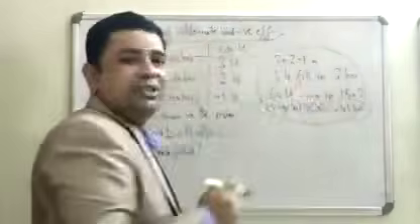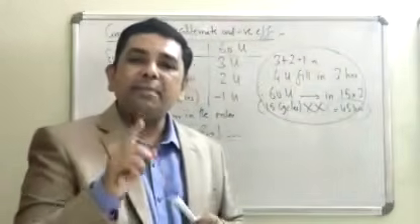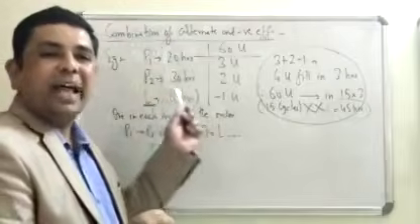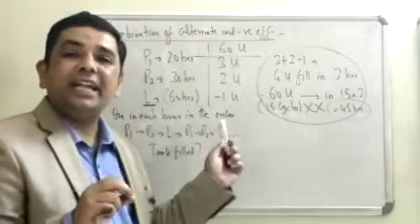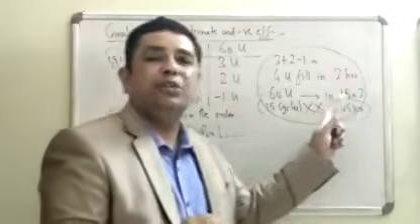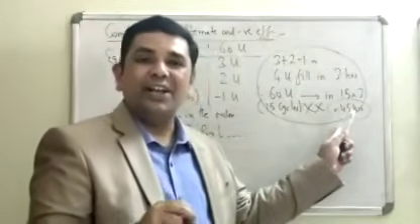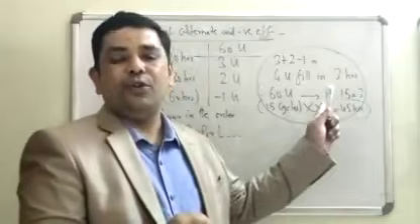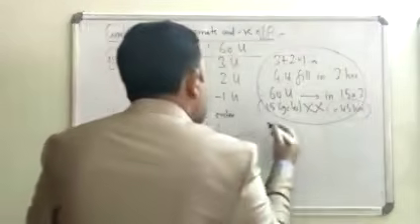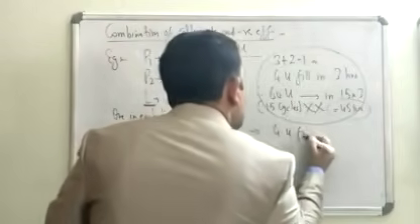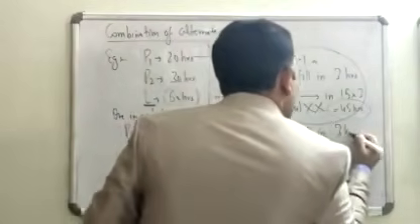Please don't do this. And let me tell you, whenever a problem like this is made, it is created so that students fall into this trap and make this mistake. You have to be very careful not to do this. So what should be my approach? My approach should be 4 units fill in 3 hours.